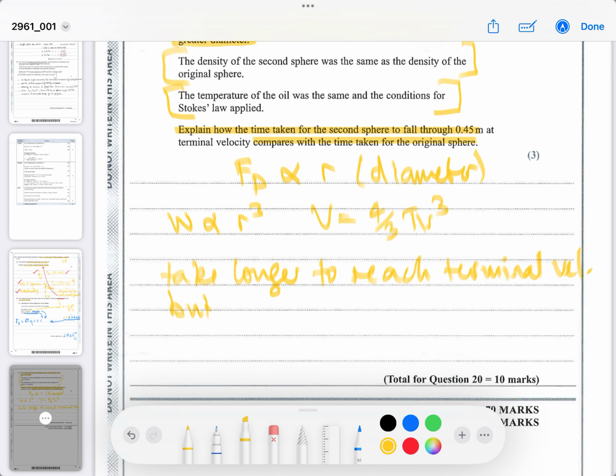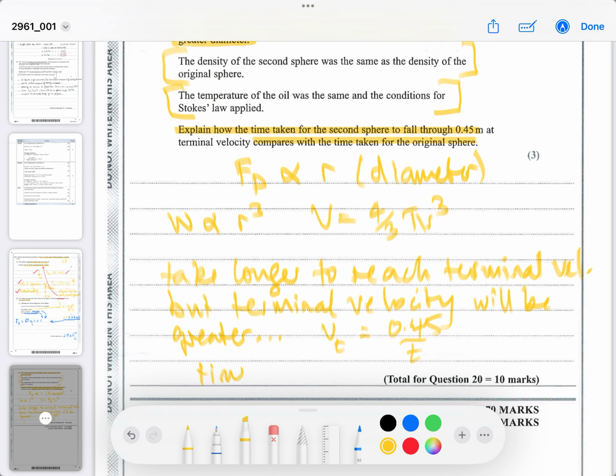But the terminal velocity, because it's got to equal the bigger weight, once it does that, which is what we're talking about, will be greater. And if the terminal velocity is greater, then since Vt equals the distance, which is 0.45, over the time, if the velocity is greater, the time must be smaller.